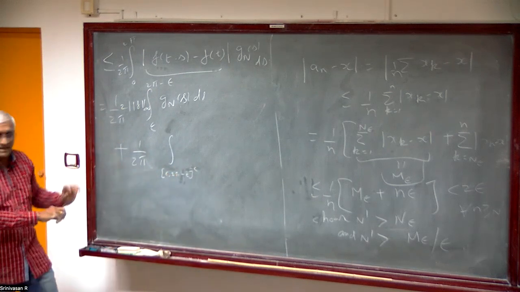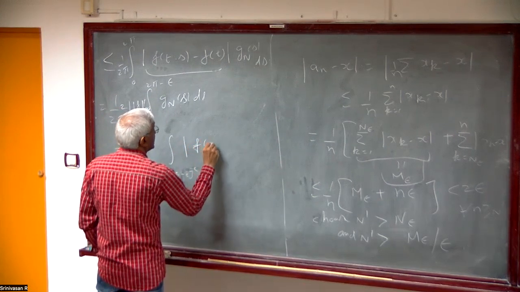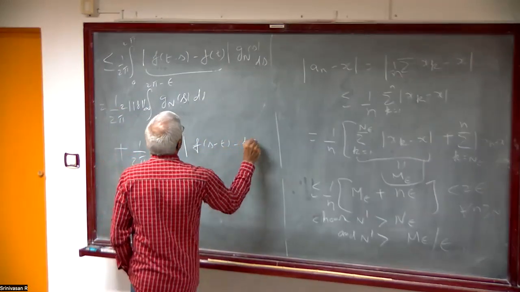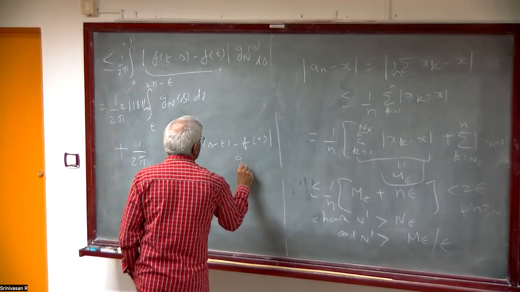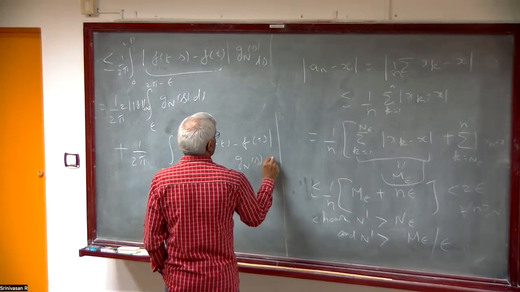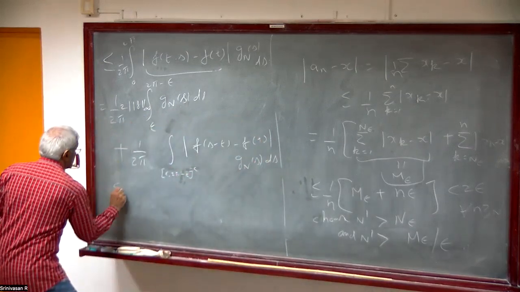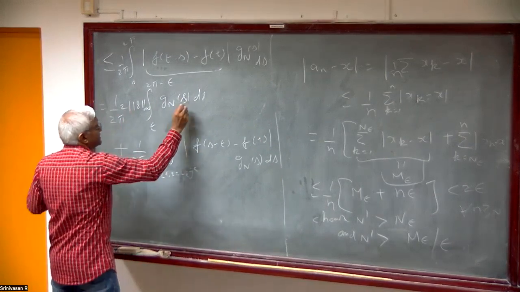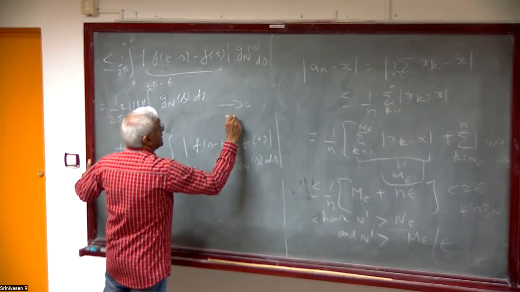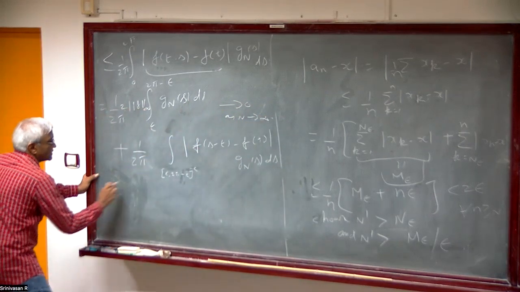This is equal to f(s minus t) minus f(t) times mod of g_n ds, and this is less than or equal to 1 by 2 pi. I don't care about this, this goes to 0, of course, as n goes to infinity uniformly. I'm worried about this only.